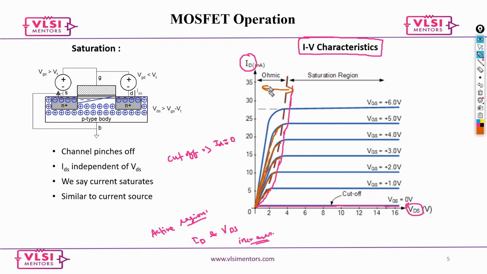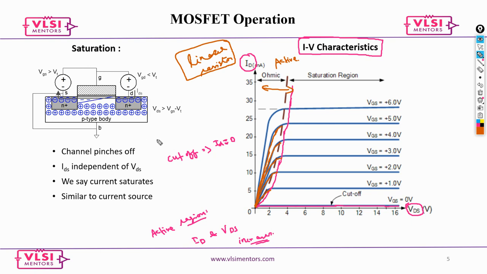This is the area where we say it is active, and this is something we call a linear resistor.